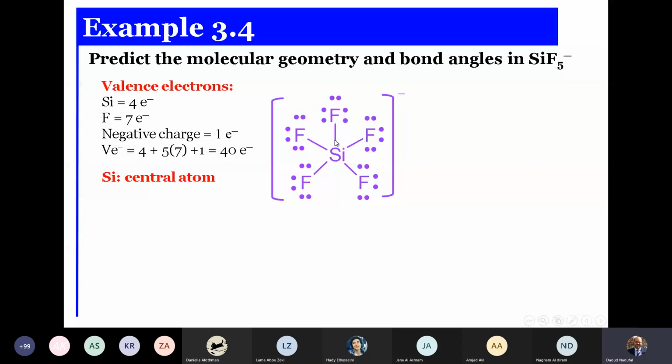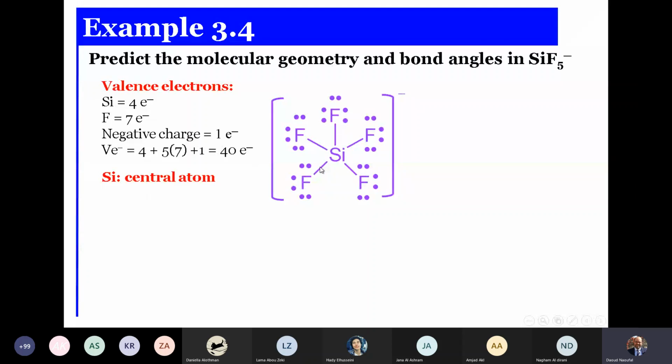So 2, 4, 6, 8, 10. We have 40, minus 10, we have 30. The remaining electrons are distributed on the 5 F. So this is the Lewis structure for SiF5, and pay attention, we put brackets with the minus as notation. This minus was counted before in the total valence electrons.